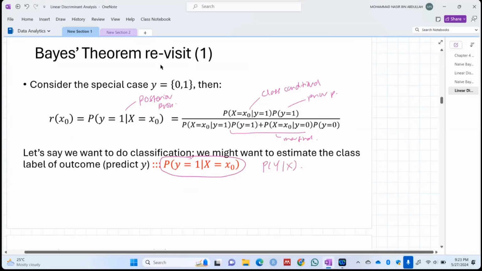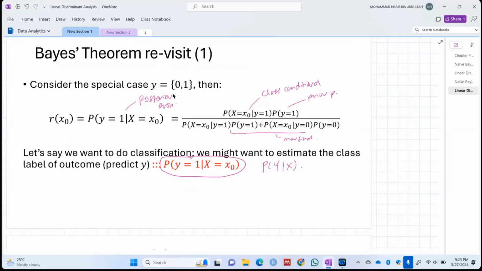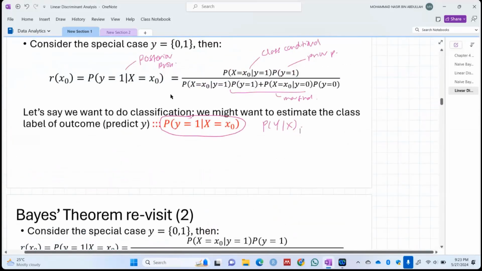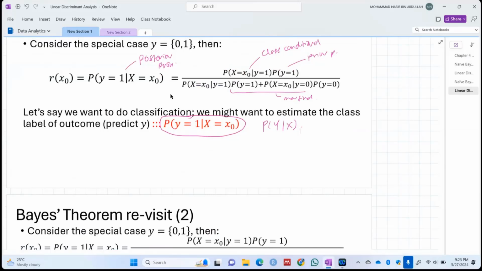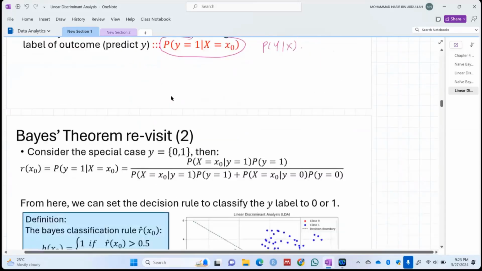Same as naive Bayes. The only difference is the independent variable is assumed to be normally distributed, and each class should have equal variance. If the classes have no equal variance, we cannot proceed with linear discriminant analysis. We should go for quadratic discriminant analysis.